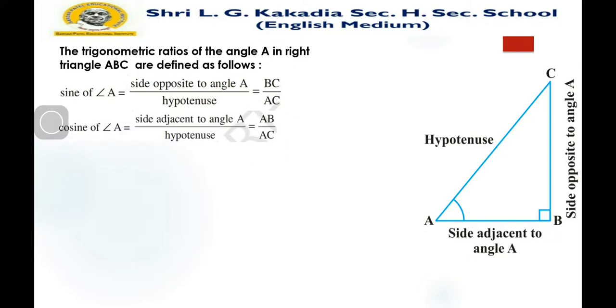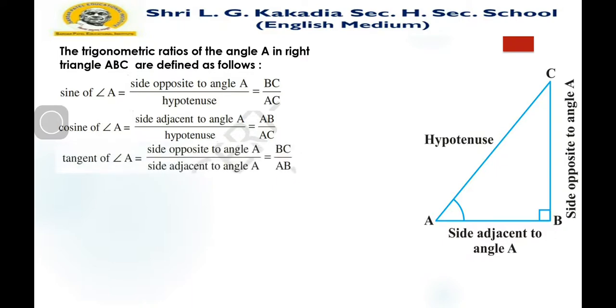Next, cosine of angle A is the side adjacent to angle A upon hypotenuse, that is AB upon AC.